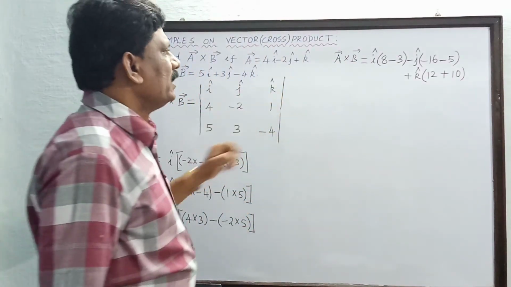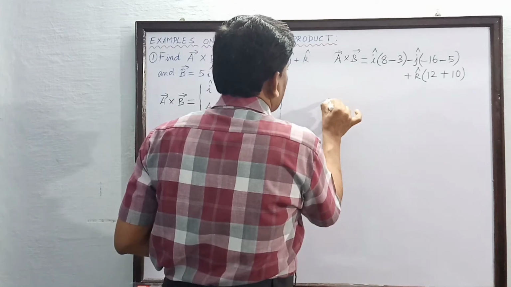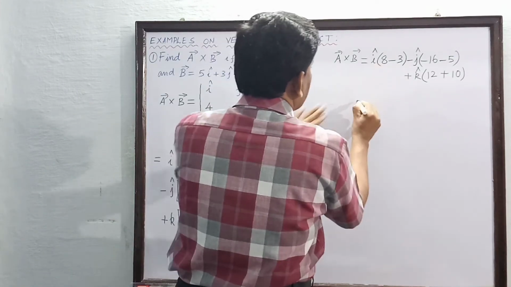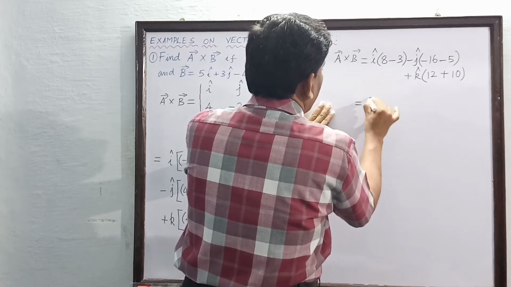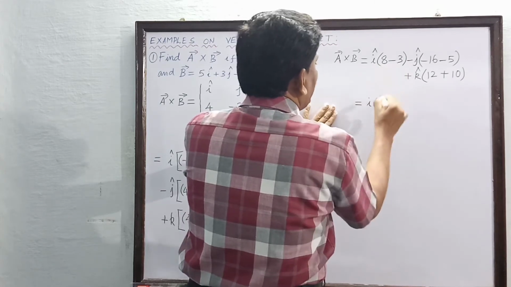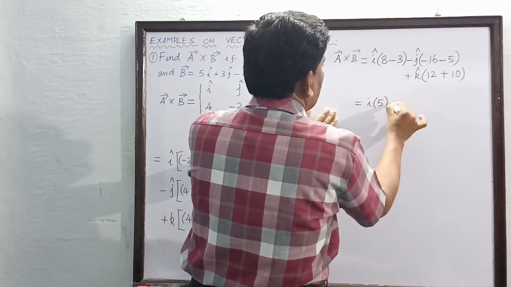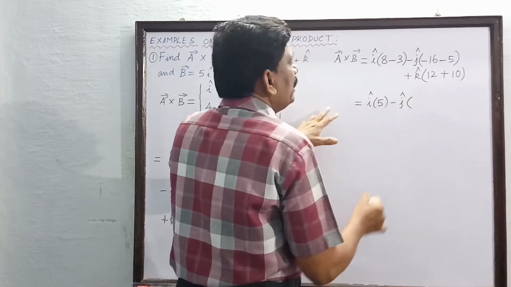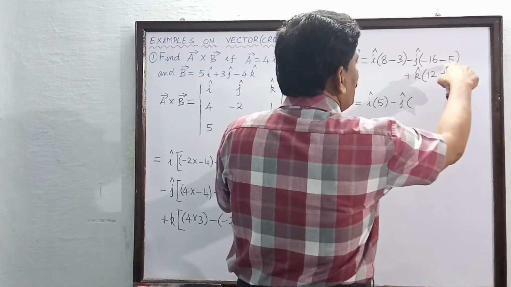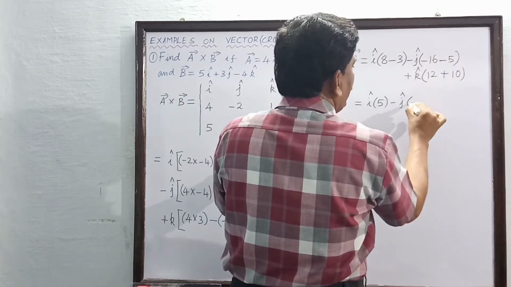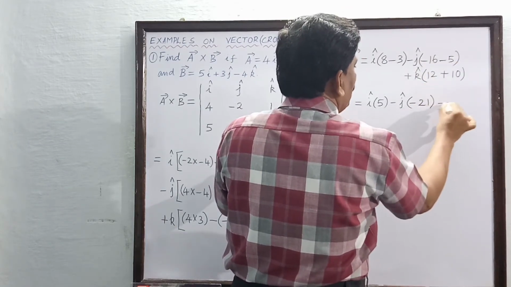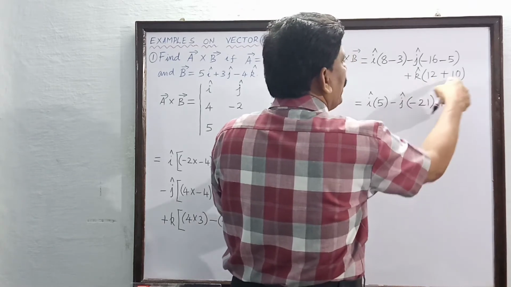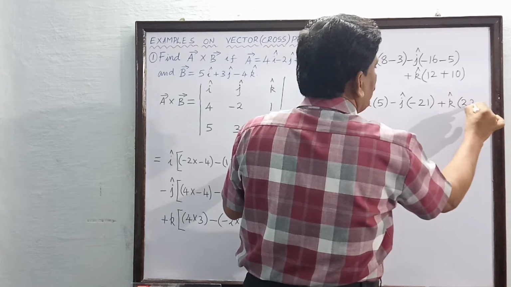Now A cross B is equal to i cap. I will write below this: i cap into 8 minus 3 is 5, minus j cap into minus 16 minus 5, you add, it will become minus 21, plus k cap into 12 plus 10 is 22.